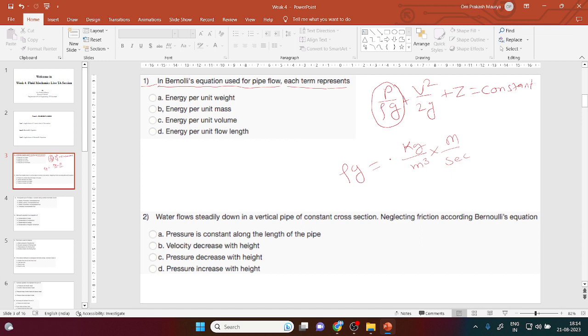Gamma, the unit of gamma is Newton per meter cube.